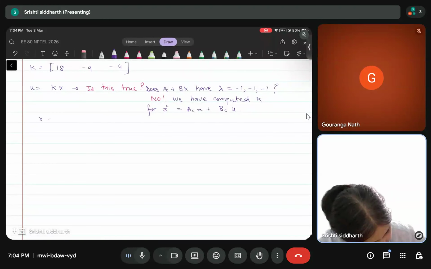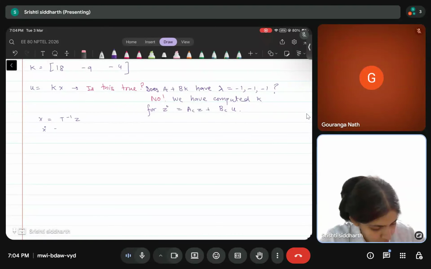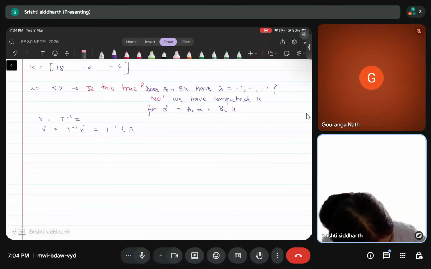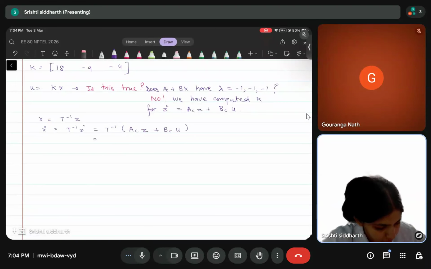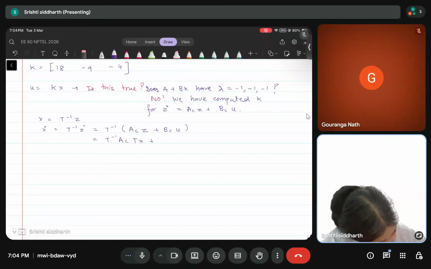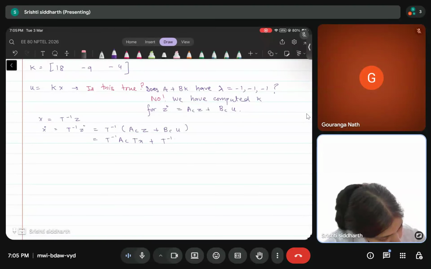We have x equals T inverse z, right? So x dot is T inverse z dot. This is T inverse AC times z plus BC times u. So z is Tx, T inverse BC times u.